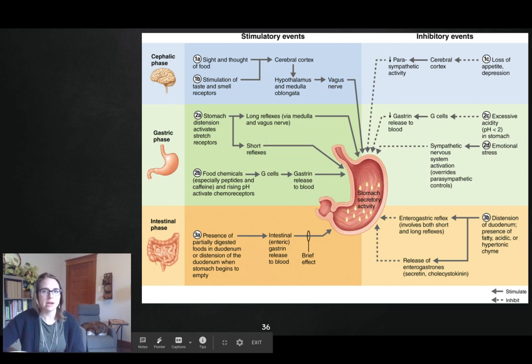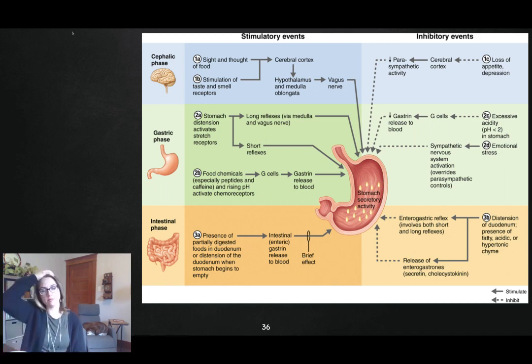Now, this side of the diagram is showing what inhibits these different actions, like telling your stomach to stop churning and stop secreting acid. We don't want to do it all day long, every day. So this goes into that, not necessary for the test. But the cephalic phase, think your cephalic region, right? That's your head, your brain.